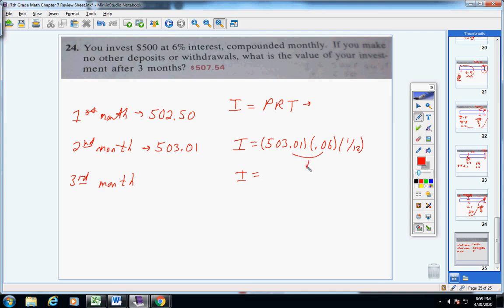Let's see what we get. 503.01 times 0.06 is 30.1806. And then bring down your 1/12 and let's multiply those two together. And you'll get this right here. You will get 2.5.